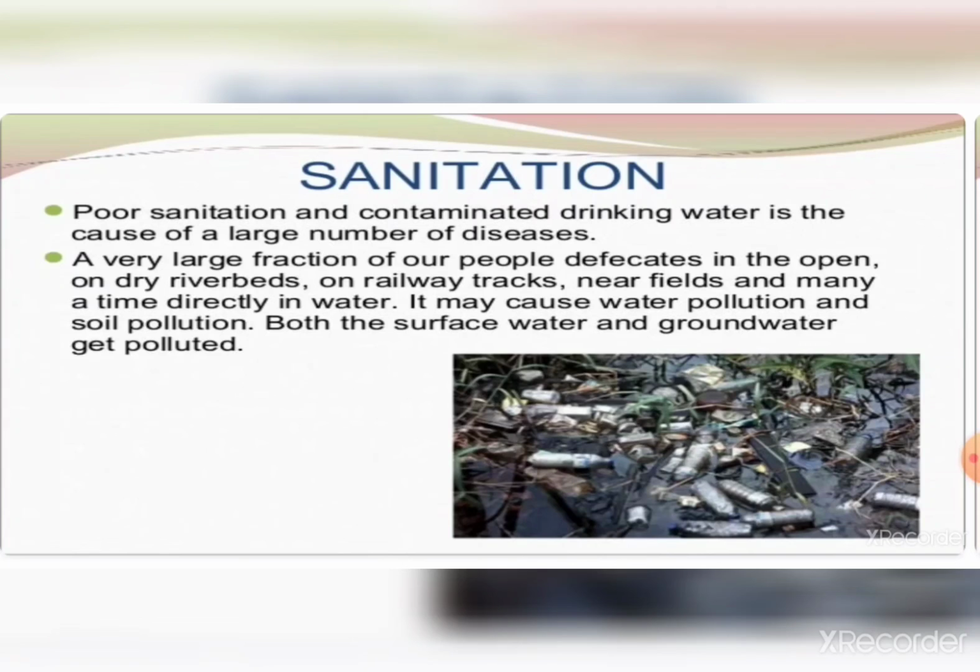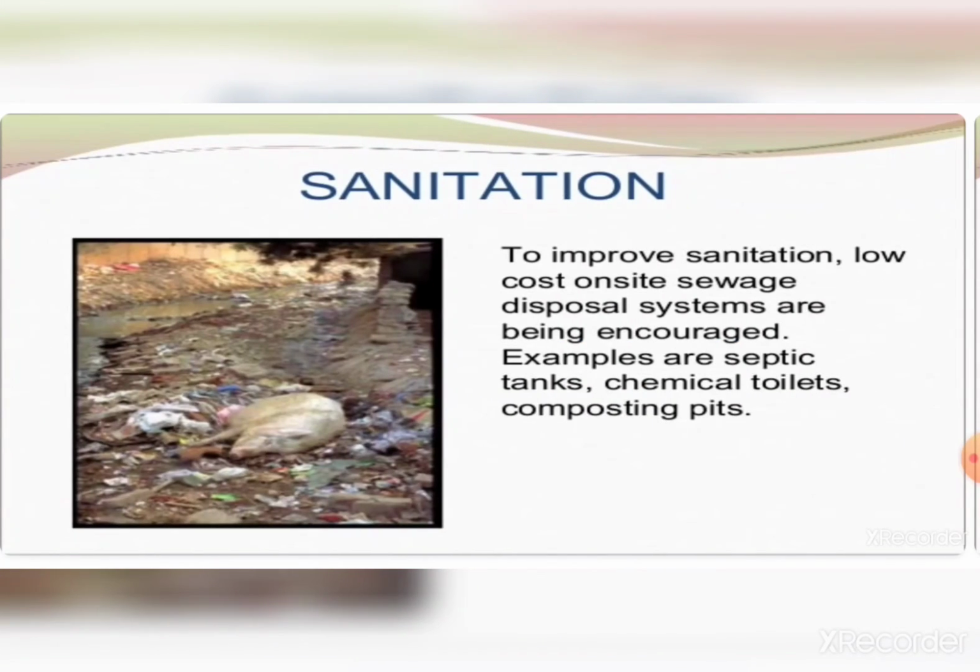It may cause water pollution and soil pollution. Both the surface water and groundwater get polluted. To improve sanitation, low-cost on-site sewage disposal systems are being encouraged. Examples are septic tanks, chemical toilets, composting pits.